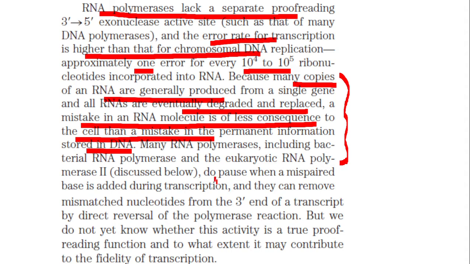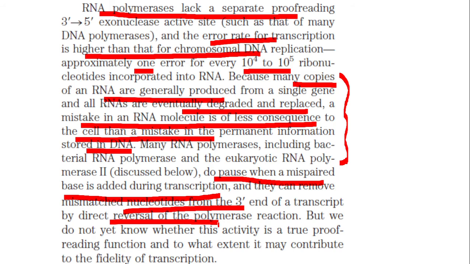Also, there is an opportunity in the eukaryotic RNA polymerase where a mispaired base can be removed. A mismatched base can be removed from the 3' end of the transcript. But it is not that much clear. This idea is not that much ensured.